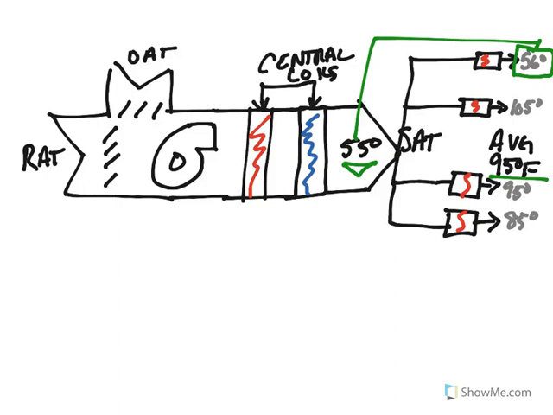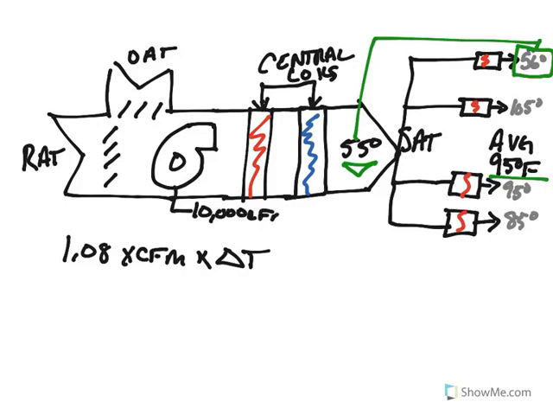And so what we have to do here is look at the equation of 1.08 times CFM times delta T again. We're going to say that this air handler right here is supplying 10,000 CFM. So our equation is 1.08 times 10,000 times the delta T, which is the delta T between 55 and 95, so 40 degrees.